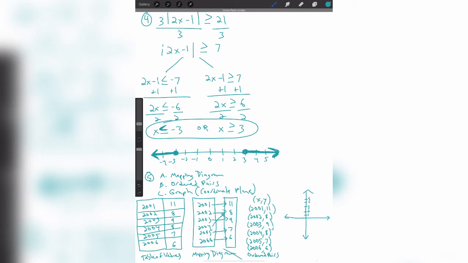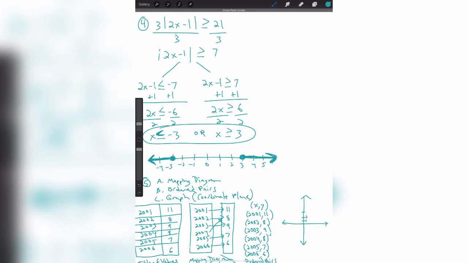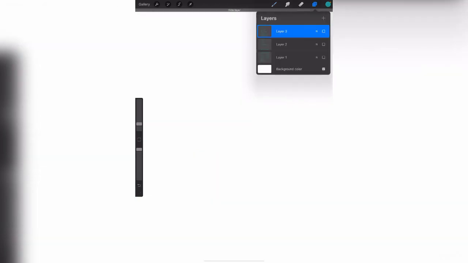So we can, I don't want to say cheat, but we can almost skip a couple things in a way. And let me show you. I'm going to open up a new, bigger layer here that I can work with, all right? So this is just a continuation of number 5. So I'm just going to say 5 continued.